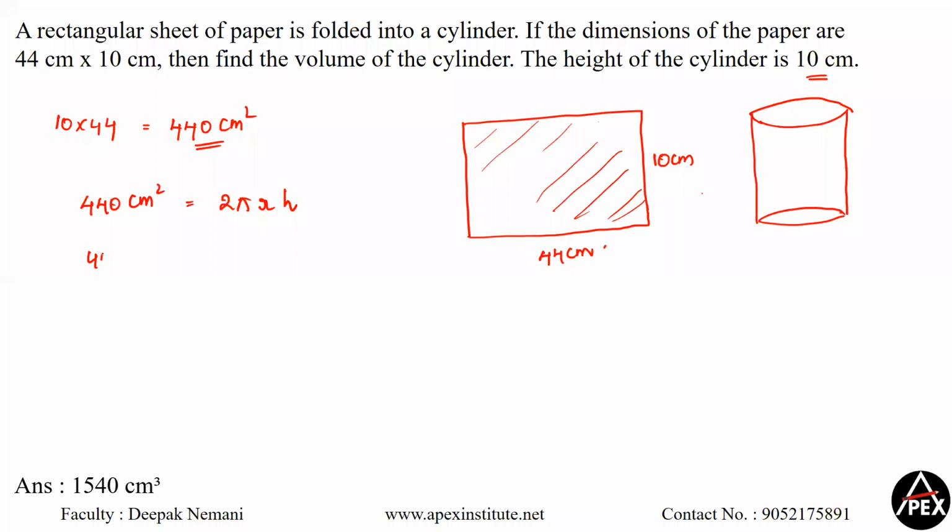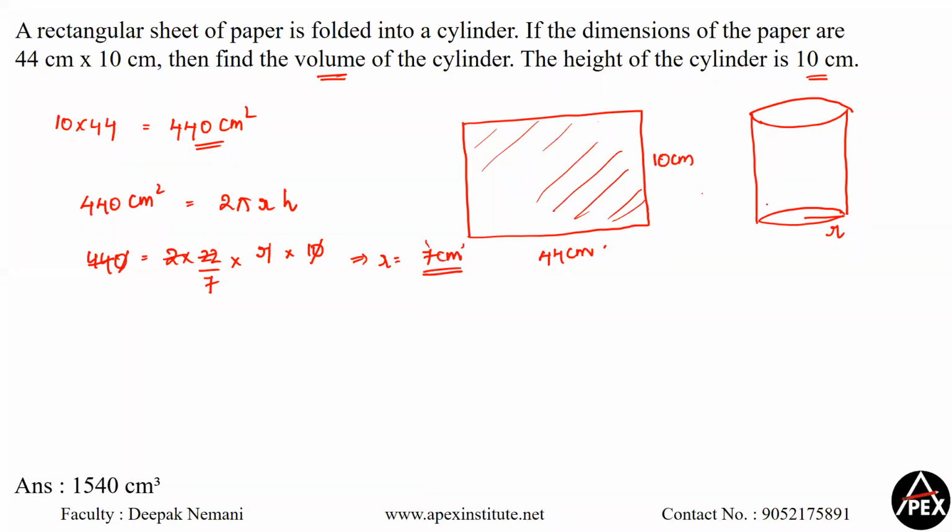So 440 is equal to 2 into, let me consider this as 22 by 7 into R, we need to find out. Because to find the volume of the cylinder, first we need to determine the radius of the cylinder. Height is given as 10. So radius of the cylinder is equal to 7 centimeters.